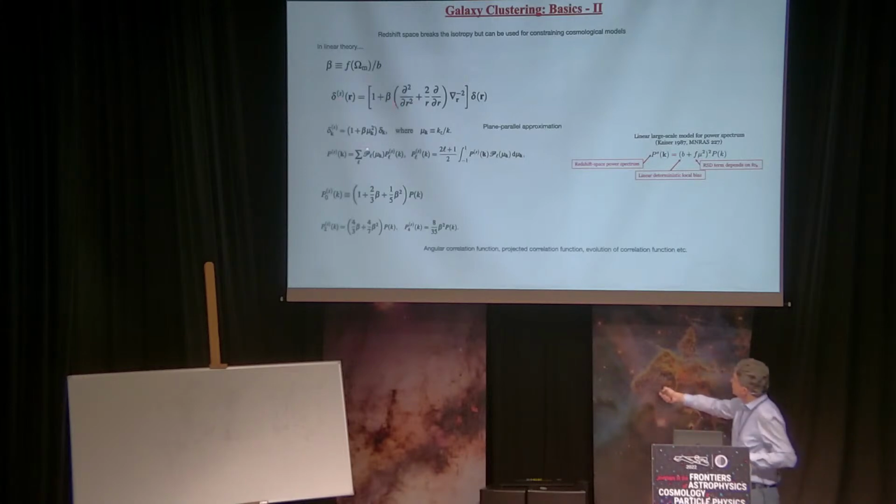Once at this point, if you remember the power spectrum definition, you plug this in, and you find an interesting relationship between the monopole of the power spectrum in redshift space and its real space counterpart, where there are these beta terms appearing, even as a power of 2, and similarly between the quadrupole and the real space one and the hexadecapole and the real space one.